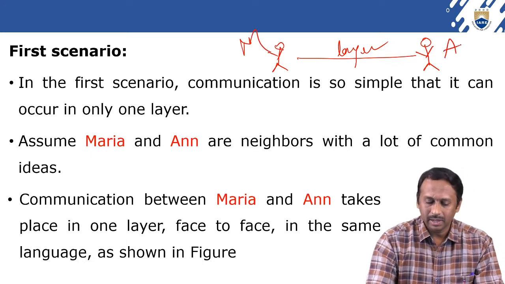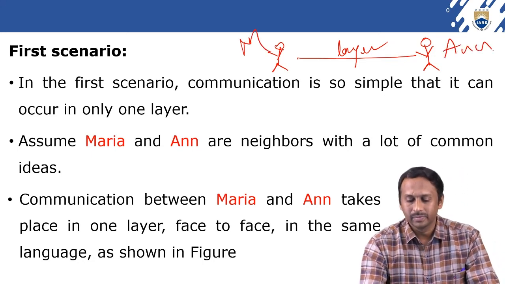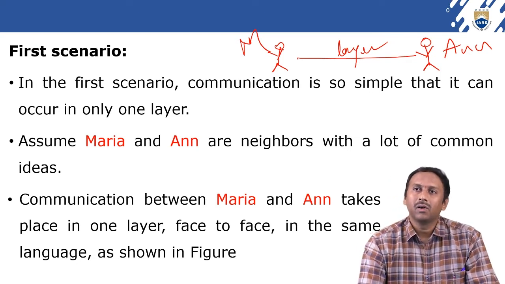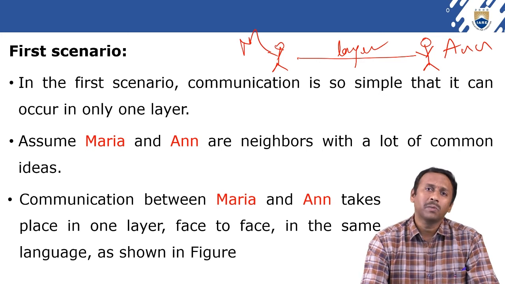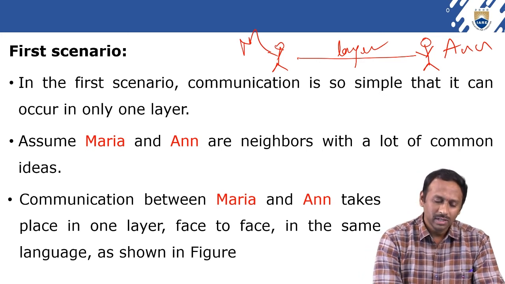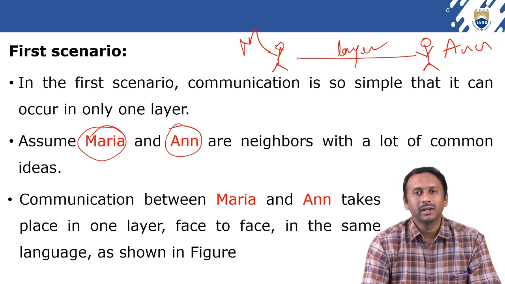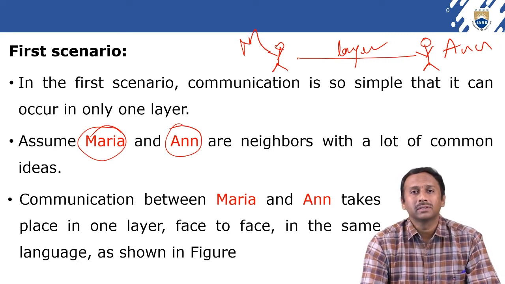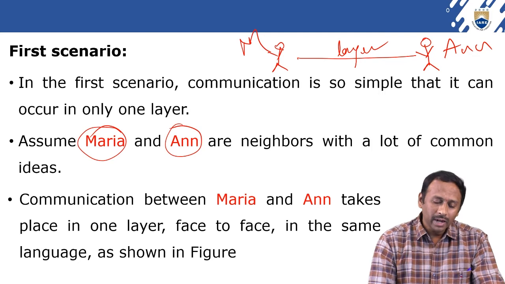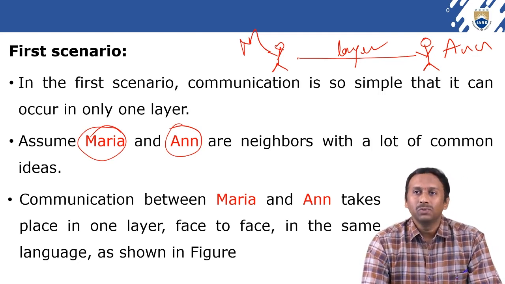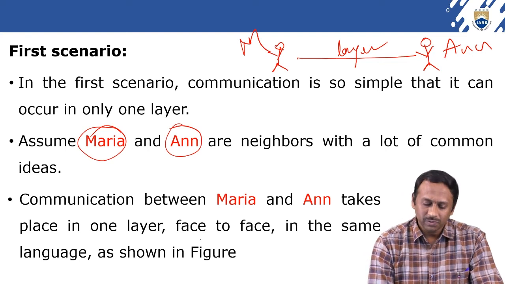Here we have considered the names Maria and Anne. Assume Maria and Anne are neighbors with a lot of common ideas. Communication between Maria and Anne takes place in one layer, that is face to face.